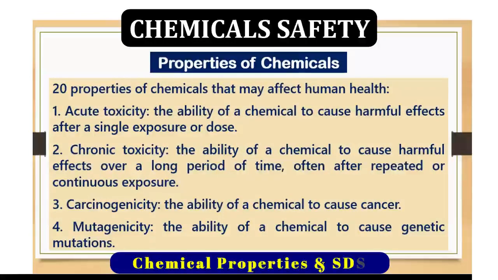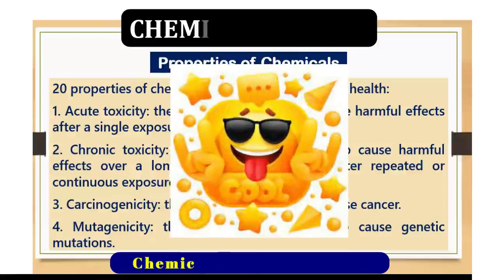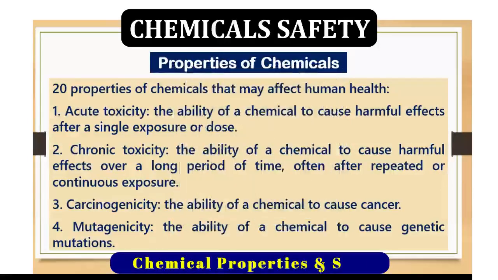Number one, acute toxicity, the ability of a chemical to cause harmful effects after a single exposure or dose. Number two, chronic toxicity, the ability of a chemical to cause harmful effects over a long period of time, often after repeated or continuous exposure.